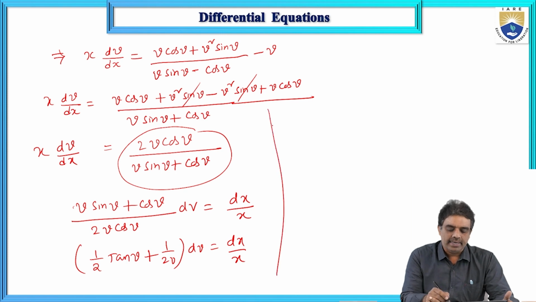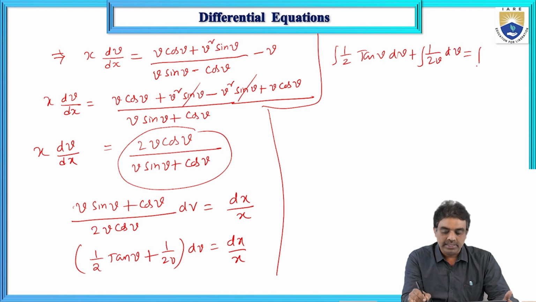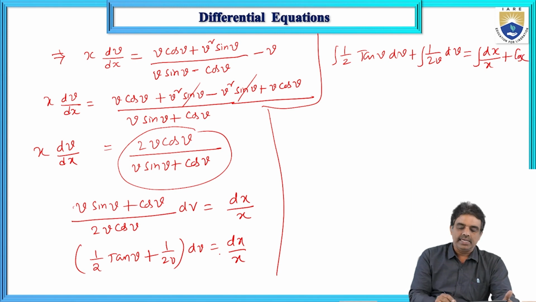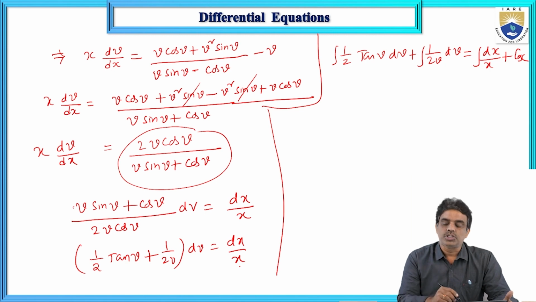Now on integrating: integral 1 by 2 tan v dv plus integral 1 by 2v dv is equal to integral dx by x plus log c. So clearly it is in variable separable form. On integrating, you will get the solution.